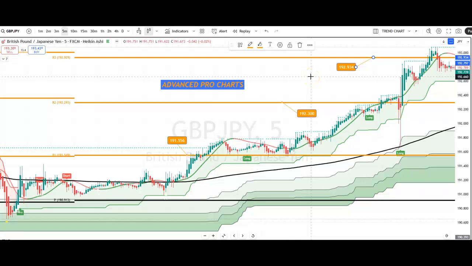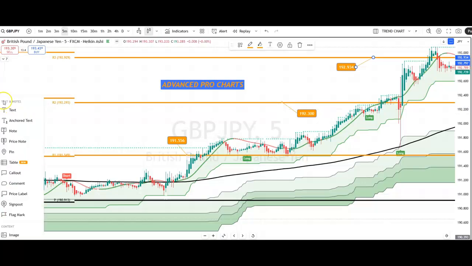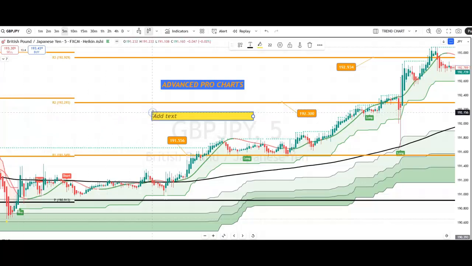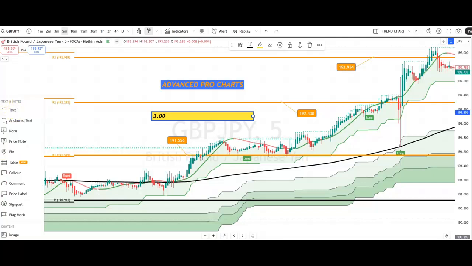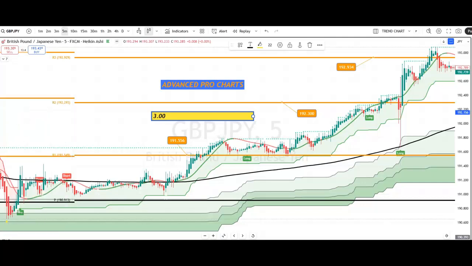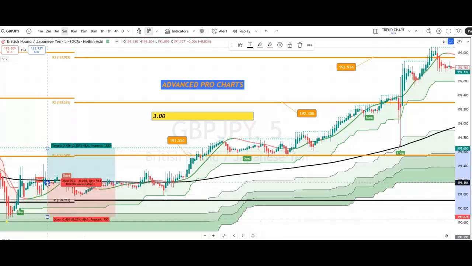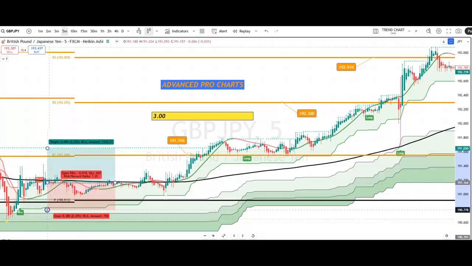But here's the benefit now. If you are going one lot in the previous position, you can go now 3 lots. Let me explain why. Because this is there. So if I go long here, let's say, my stop now is not 100 or 150 pips, it's now 37 pips.